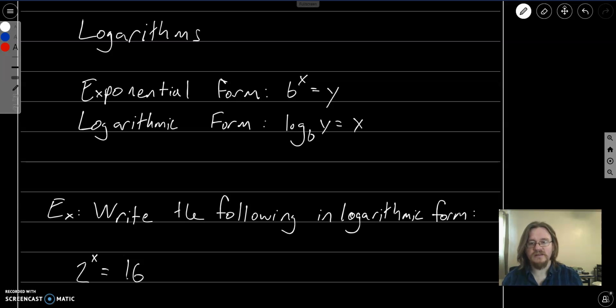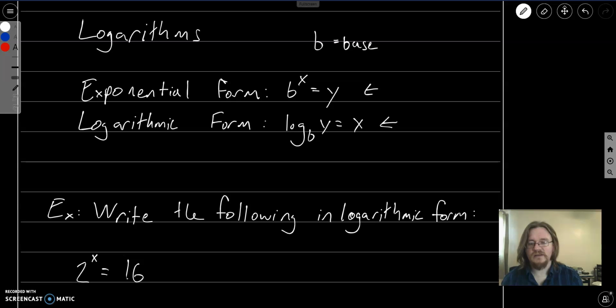So b is called the base. In this first line, b is going to be the base of an exponent. It's b raised to a power. In the second one, b is the base of the logarithm.